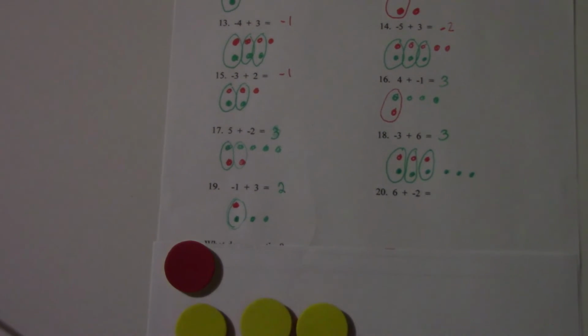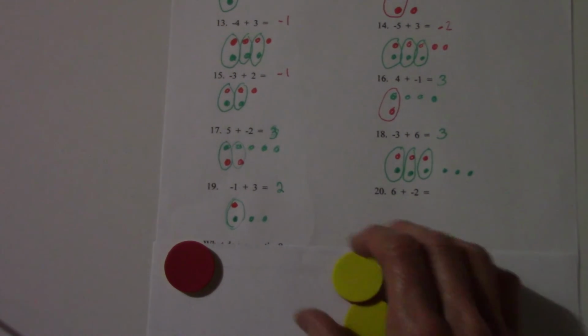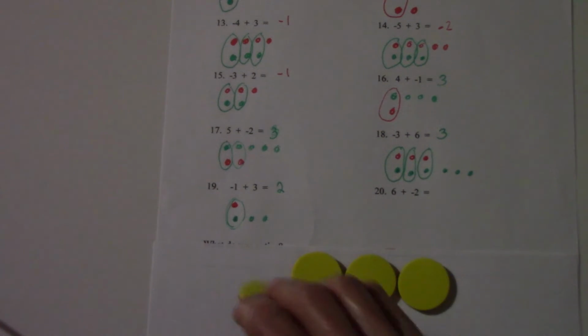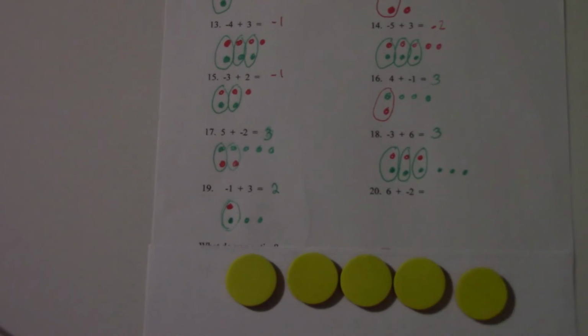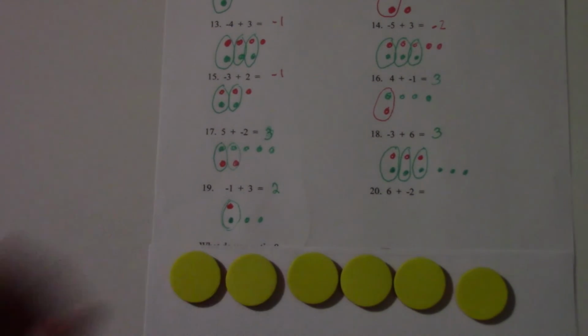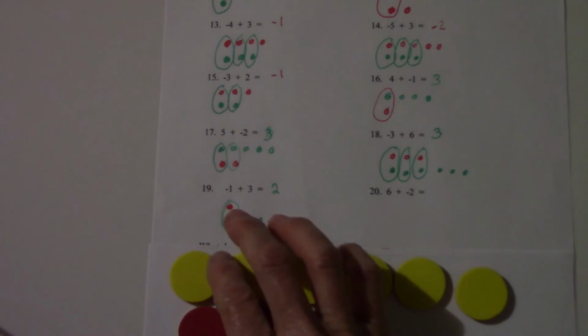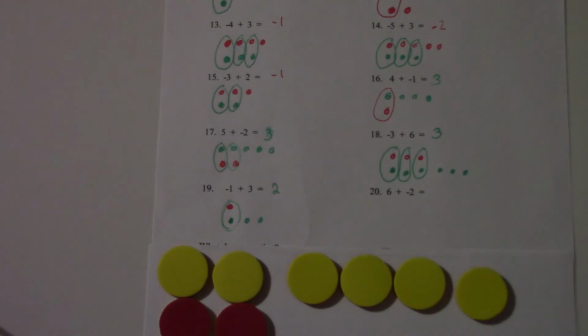Okay, we have positive 6 and a negative 2. Put the negatives over here. So I see I have 2 0 pairs here, and then I have 4 positives left.